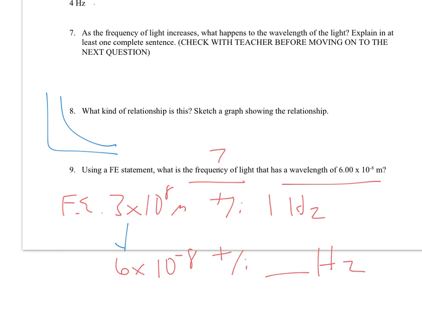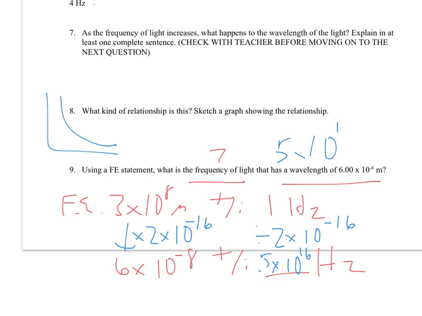So I'm going to multiply this by 2 times 10 to the negative 16th, and then divide this by 2 times 10 to the negative 16th. This will come out to be a half, or 0.5 times 10 to the 16th, which in proper form is 5 times 10 to the 15th, because I'm going to go all the way out 16 and come back 15.